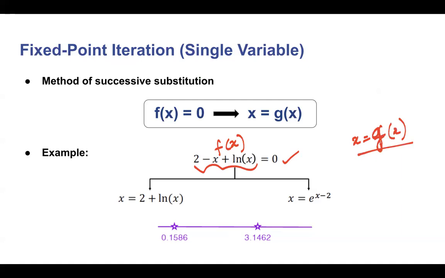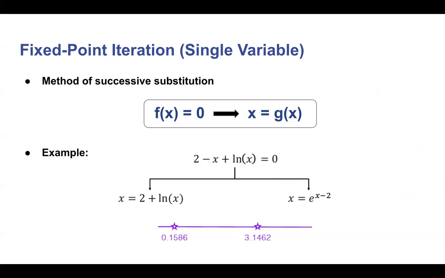You take this x to the other side, so it becomes x is equal to 2 plus ln x. Now x is there on the left hand side and on the right hand side. That is one way of doing it. The other way is to take the ln x to the other side and take the exponential of it.